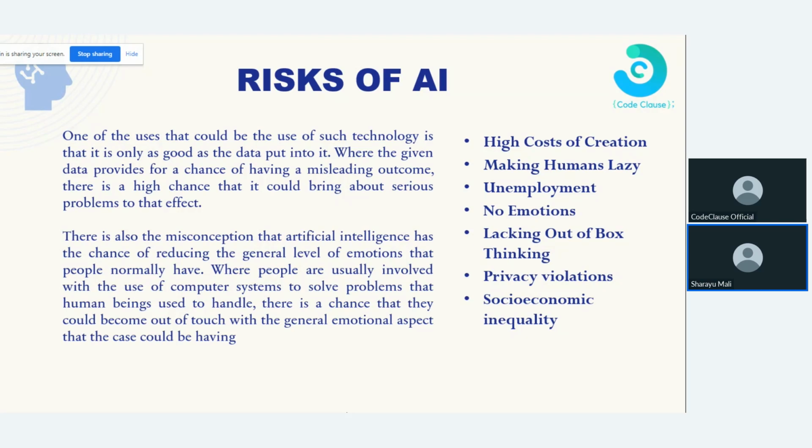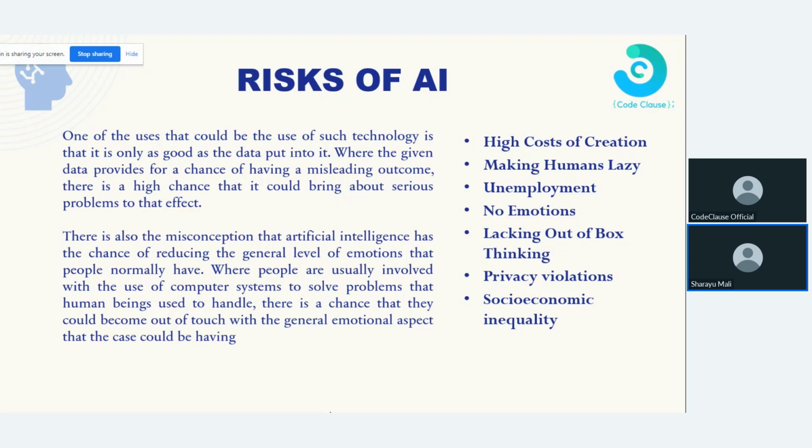There is also the misconception that artificial intelligence has the chance to reduce the general level of emotions that people normally have, where people are usually involved with the use of computer systems to solve problems that human beings used to handle. There is a chance that they could become out of touch with the general emotional aspect that the case could be having.